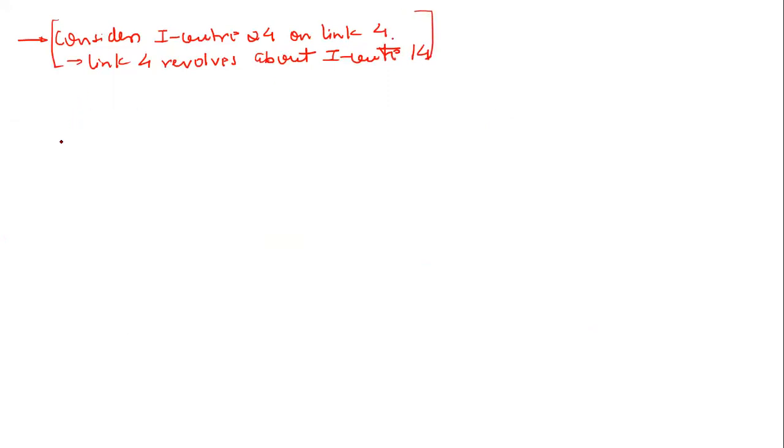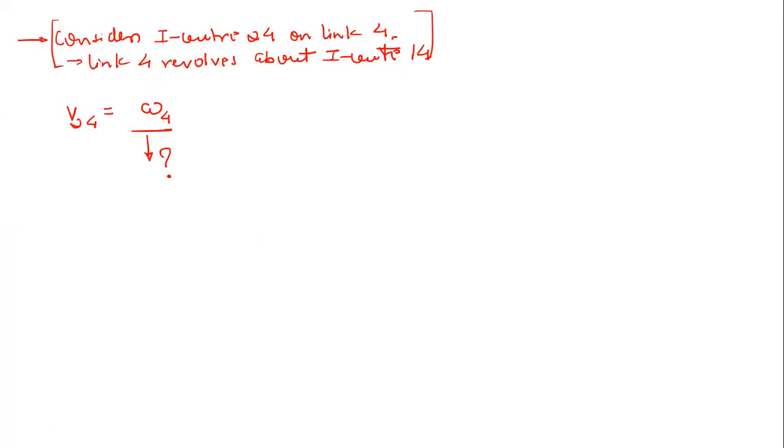Now what I am interested to do is again find out this V24, that is velocity of point 24. But now I'm going to consider this I center on link 4. So for some time assume the angular velocity of link 4 is omega 4. Always remember that omega 4 is the angular velocity which we have to find out.